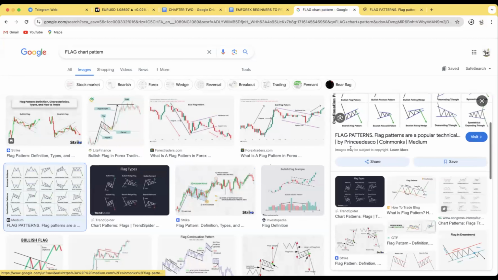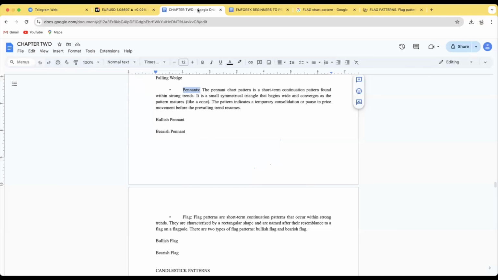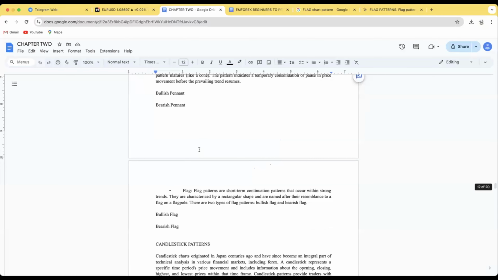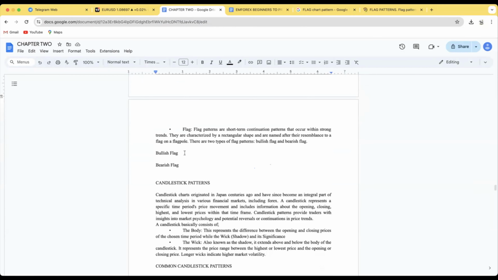So you guys can have a look at them, go through them, and get familiarized with the pictures.